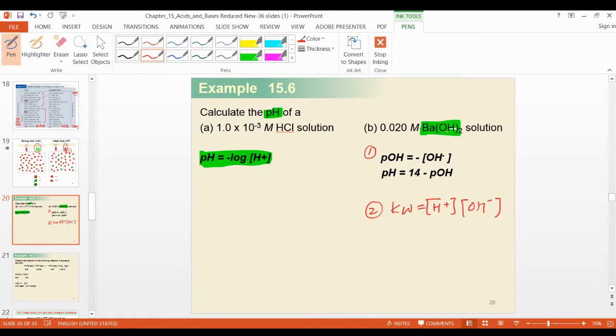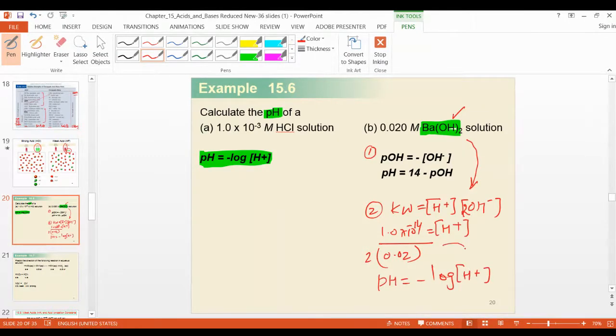How many OH are there? 2 OH, so you can write 2 OH here. Kw is 1 times 10 to the power minus 14, and you get H plus by dividing by 0.02 multiplied by 2, because there are 2 OH here. Once you calculate H plus, use pH equals negative log of the hydrogen ion concentration and put the value here.